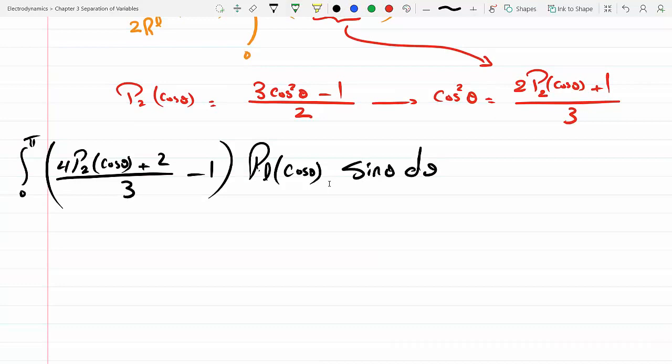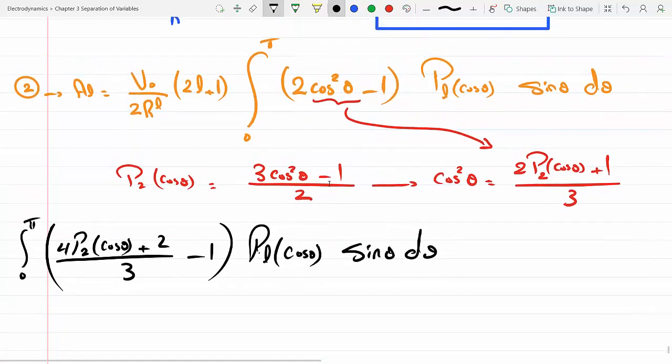Okay, and now I will split up the integral. So first let's just do a common denominator here.